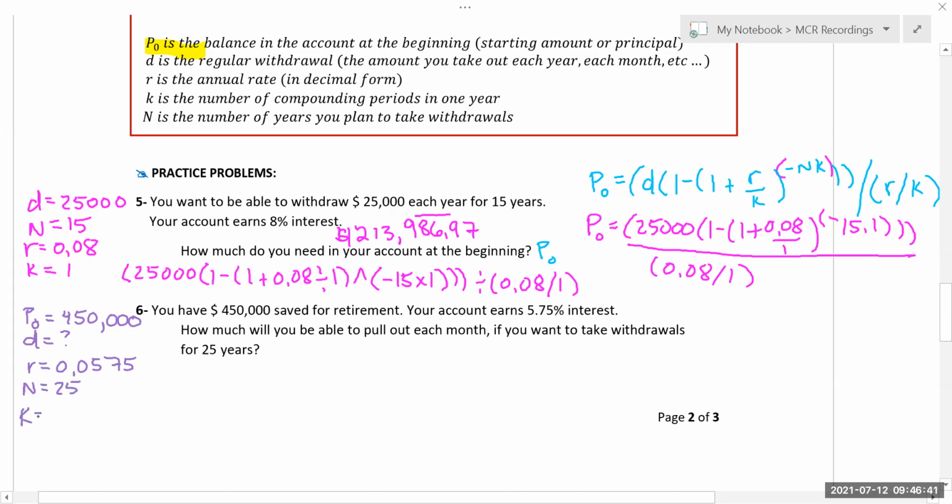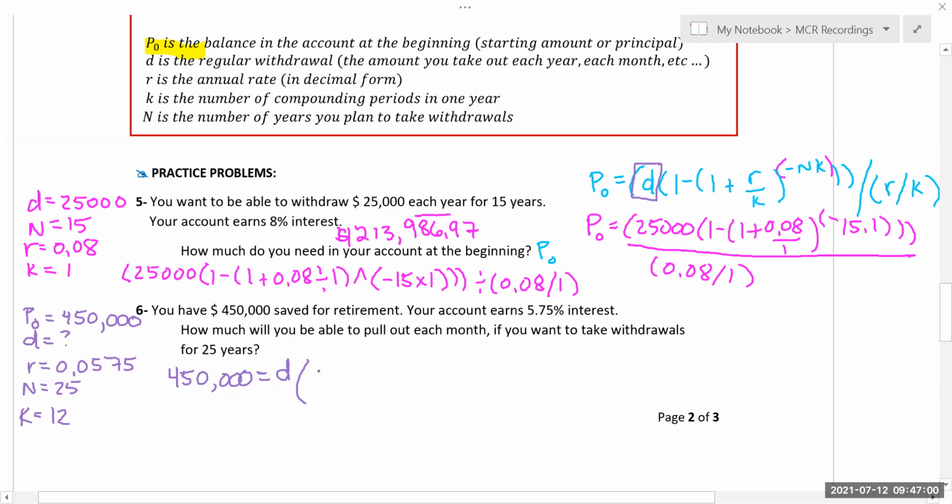And since it's monthly, K is going to be 12. So this goes back up earlier to where we took the D out of the formula and solved for the rest of it and then divided it in. So if we do that, it's 450,000 equals, and then D came out.